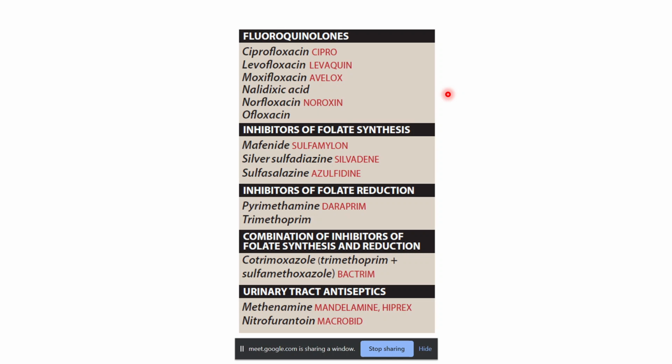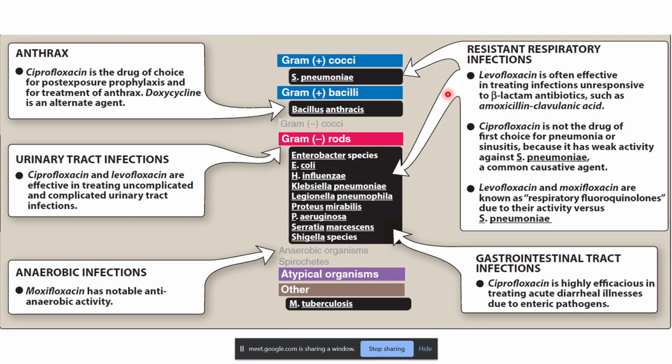The mechanism of action of fluoroquinolones includes the inhibition of DNA gyrase, that is bacterial topoisomerase 2, and also inhibition of bacterial topoisomerase 4.